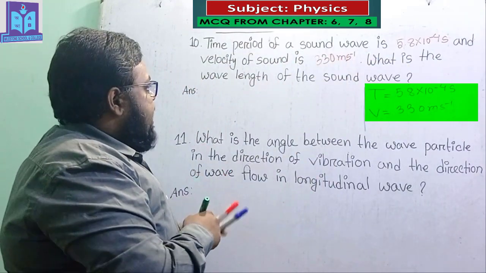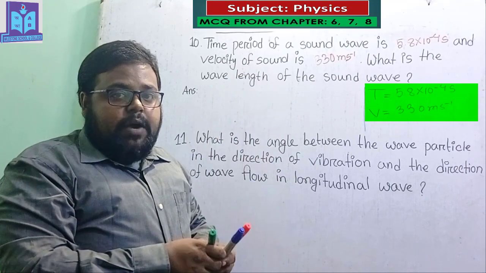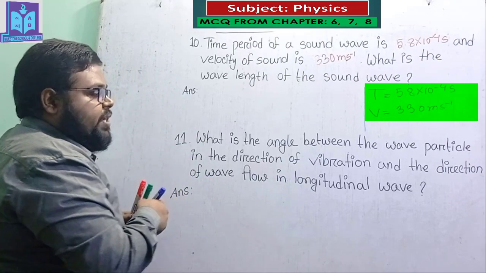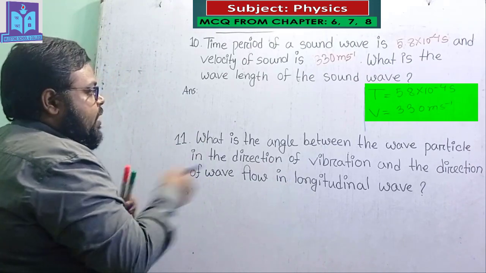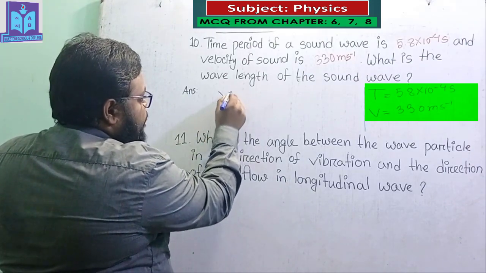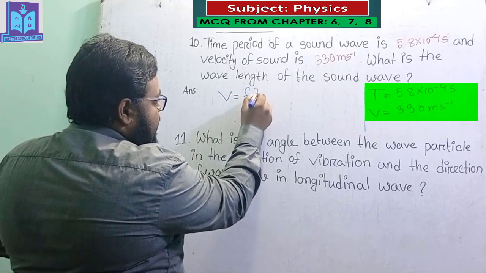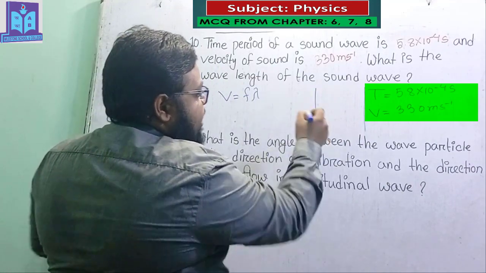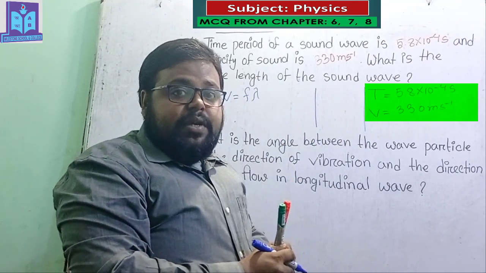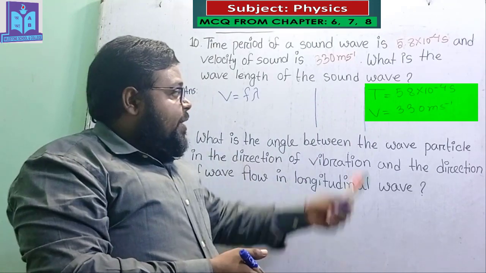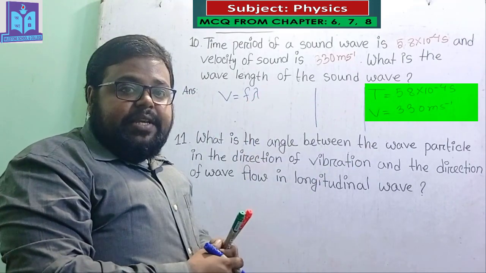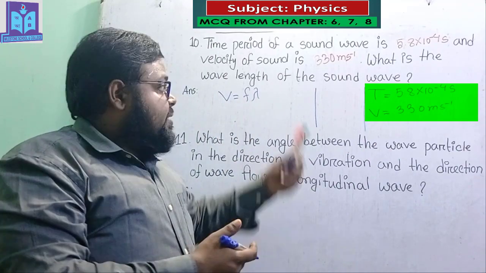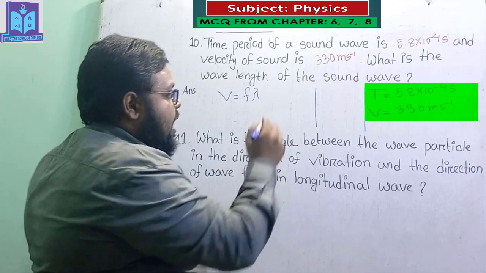Now, what is the wavelength of the sound? We know there is a relation between velocity, wavelength, and frequency: V equals f lambda. Here the given value is the time period, and we know another relation between time period and frequency, because we don't know directly the frequency of this sound.